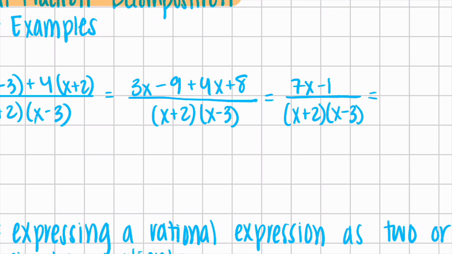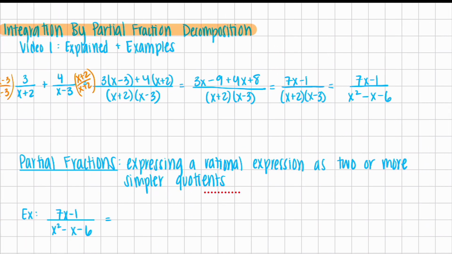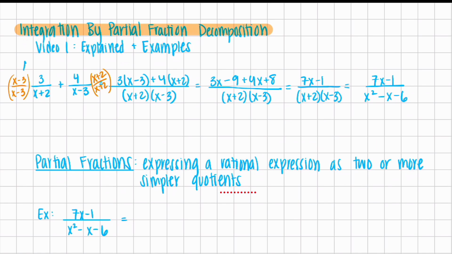And just so we can talk about partial fractions, let's multiply out our denominator. We get x squared minus x minus 6. Okay, so we should be able to go from our beginning to our end.